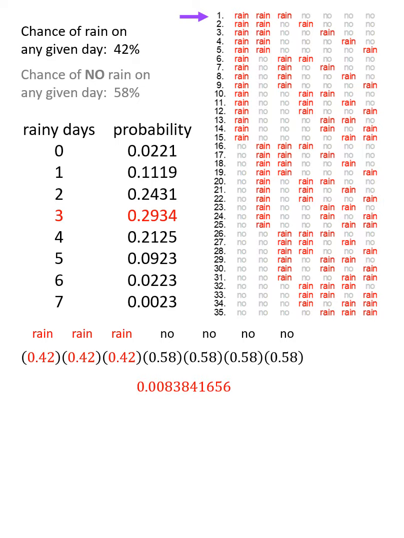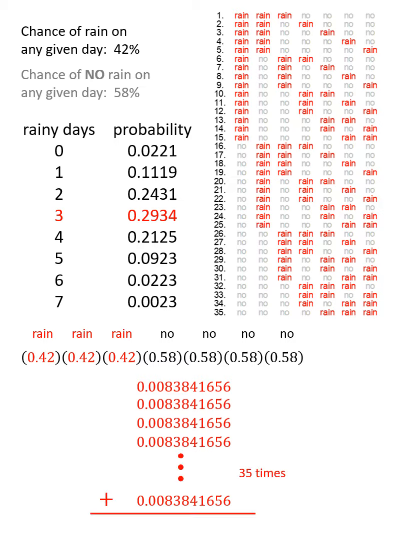So if I'm adding up all these probabilities because they're mutually exclusive and I want the total, I just have to add line 1 plus line 2 plus line 3 plus line 4 all the way down to line 35. And if I add up all those numbers, shortcut, just multiply one of them by 35.